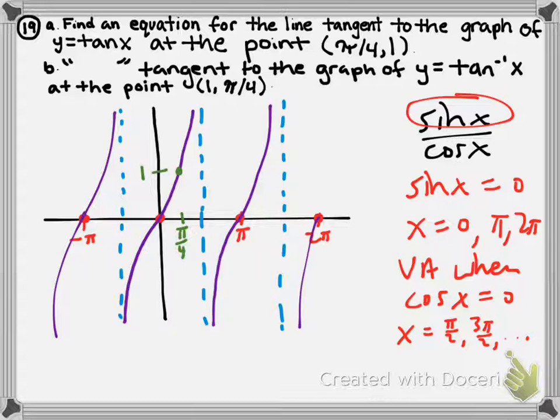In fact, if you calculated the tangent of pi over 4, you get 1. And then we have a line that's tangent to the graph right there at pi over 4, 1. All we need is the slope. It's definitely a positive number. In fact, the slope's always positive on the tangent graph, but we don't know what that positive number is.